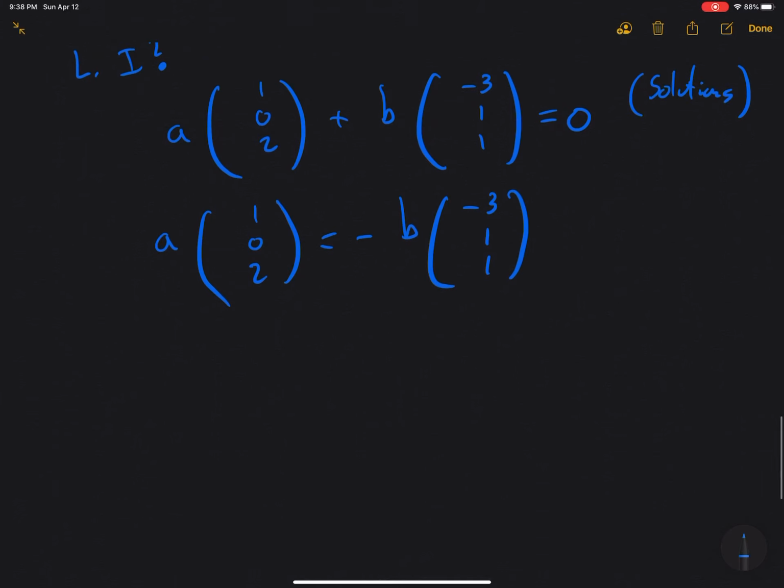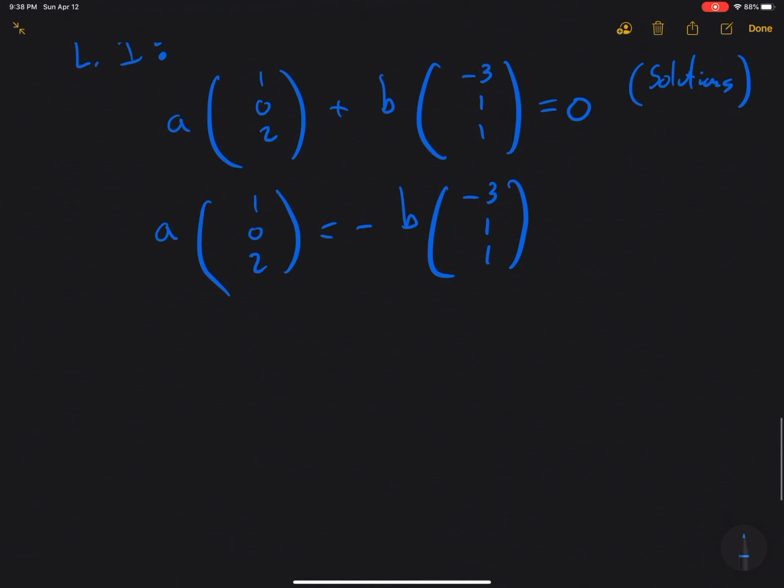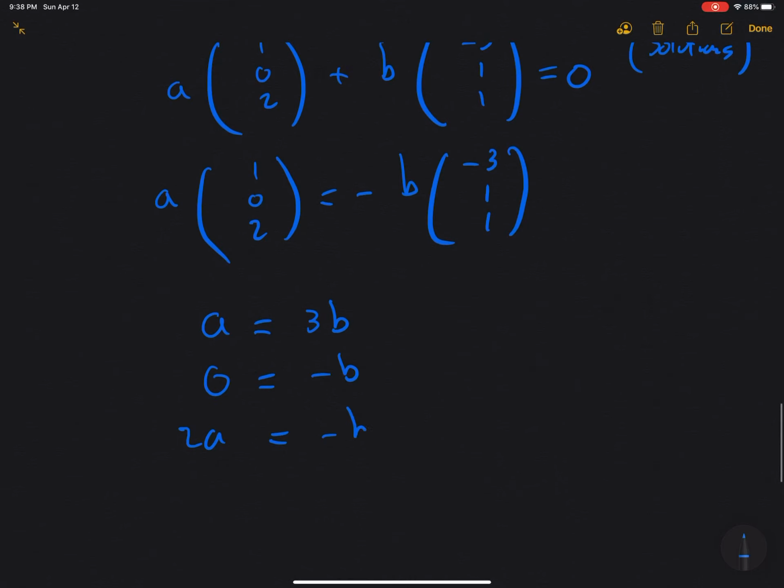And I can write this down in coordinates, because that would mean that a should be equal to 3b, 0 should be equal to negative b, and 2a should be equal to negative b. So from the second equation, we have b equals 0. It has to be equal to 0.